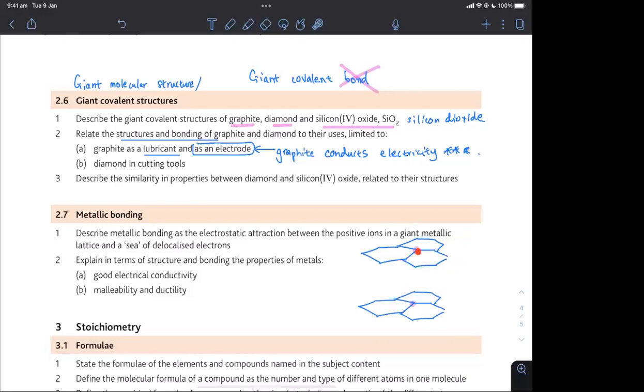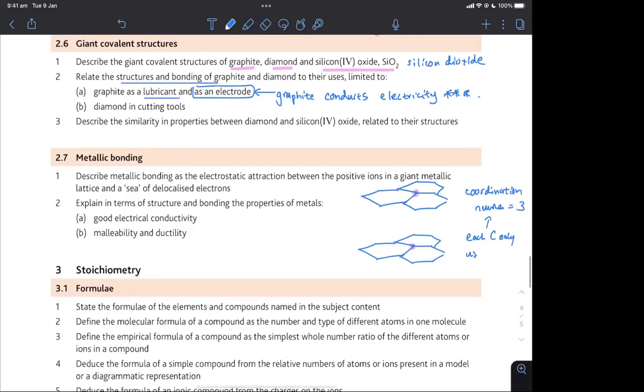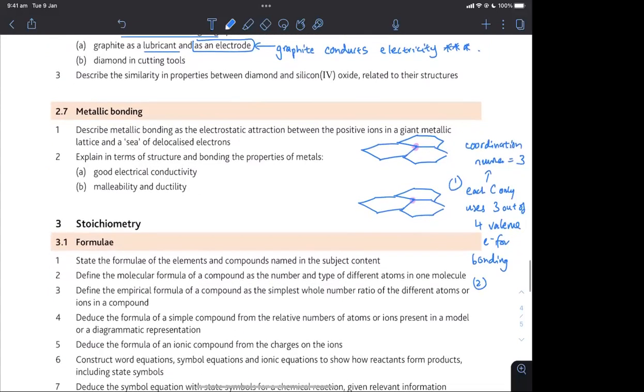So this carbon is only bonded to 1, 2, and 3 other carbon. You say the coordination number around each carbon is basically 3. What does this mean? Each carbon only uses 3 out of 4 valence electrons for covalent bonding. Having done that, you should see that there is 1 free electron, 1 free electron per carbon.